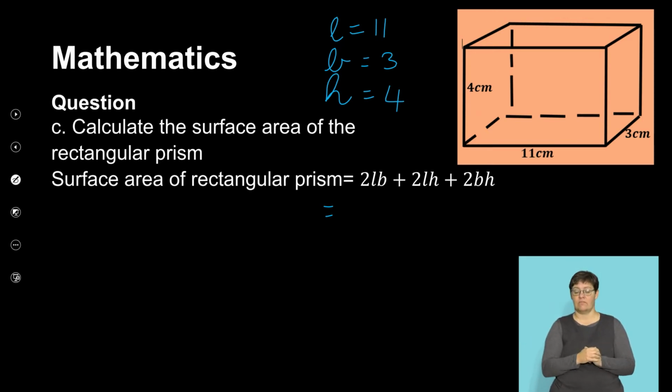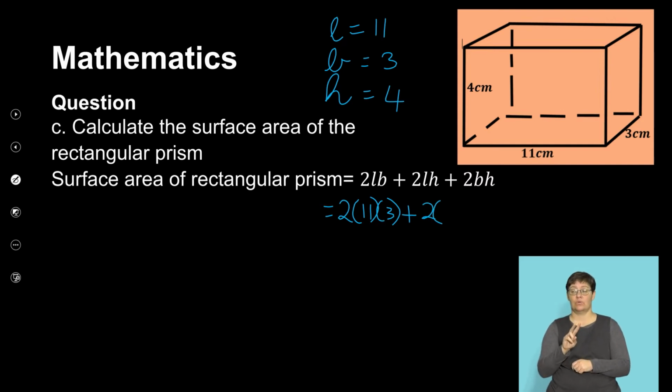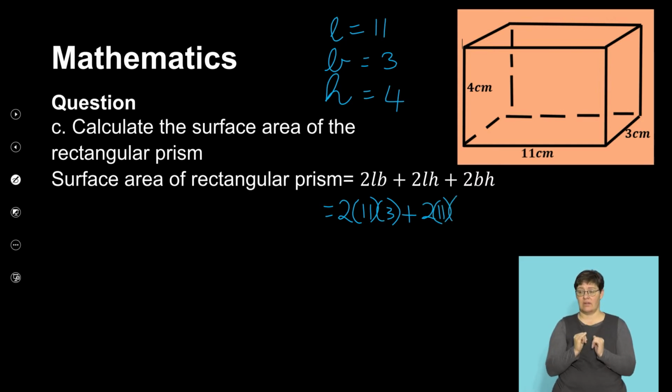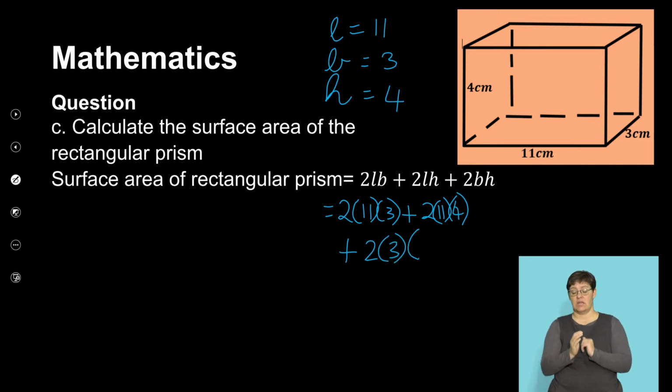So I'm going to have 2 times 11 times 3 plus 2 times my length times my height, which is 4. Then I'm going to have plus 2 times my breadth, which is 3, times my height, which is 4.